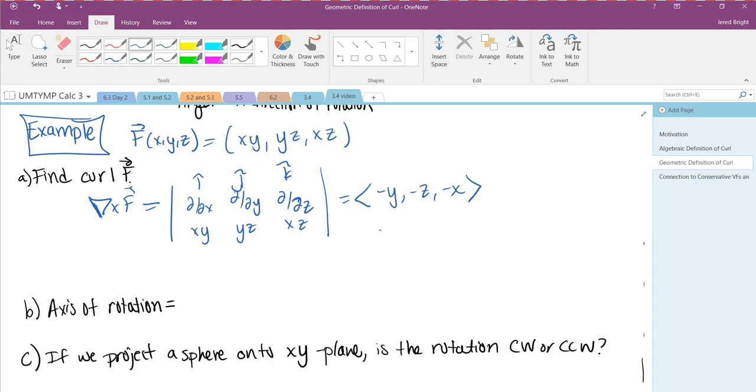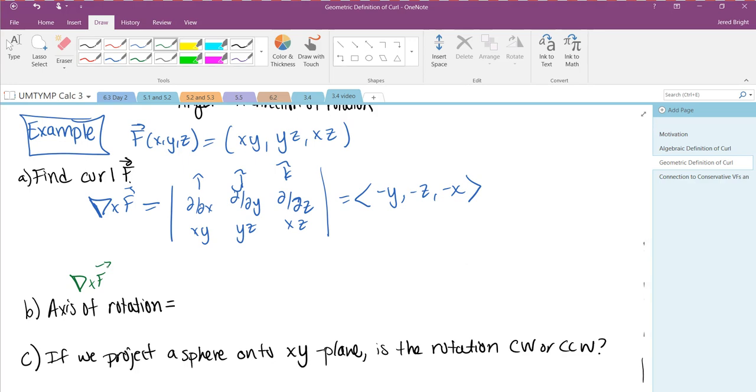Now, previously we said that the axis of rotation was going to be the del cross F, right? So that's technically true, but when we're describing the axis, it's all scalar multiples of that.